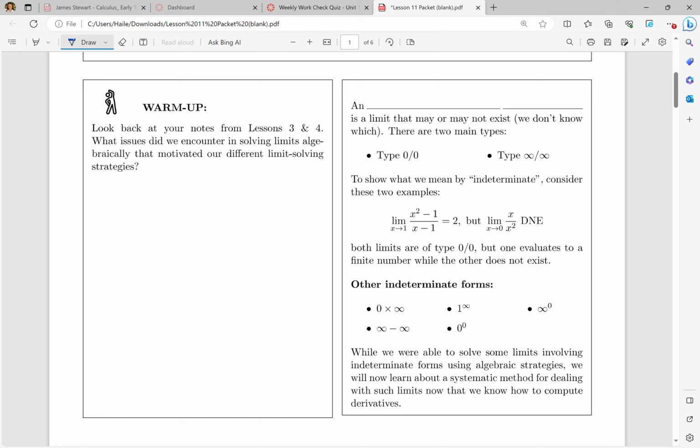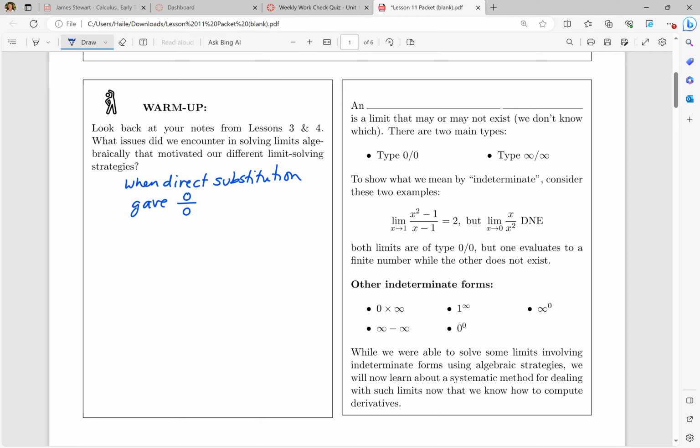One I can think of right off the bat is when direct substitution gave 0 over 0. That was a bad situation. We couldn't do that algebraically because we couldn't divide by 0.